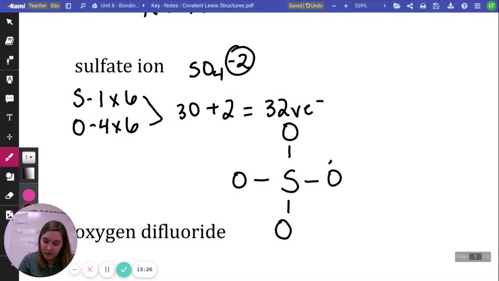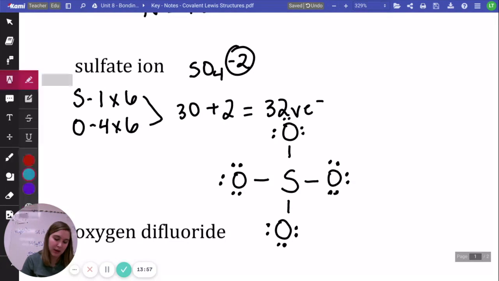So we have 2, 4, 6, and that oxygen has a full octet. 8, 10, 12, and then that one has a full octet. 14, 16, 18, that one has a full octet now. 20, 22, 24. All right, and that one has a full octet. So we've used all of our electrons.